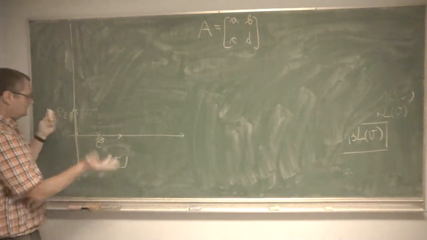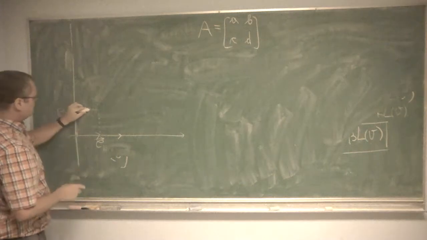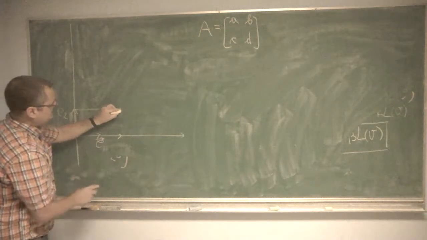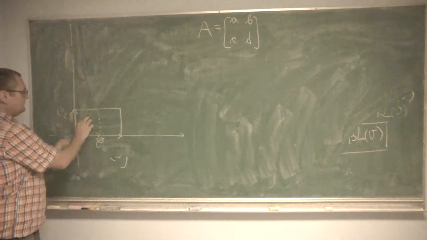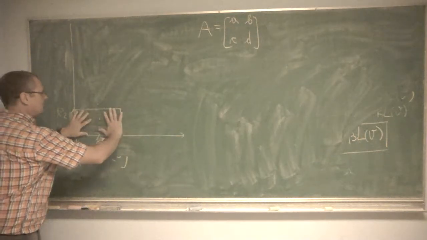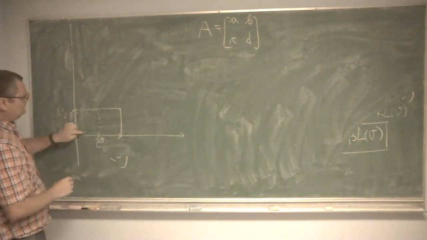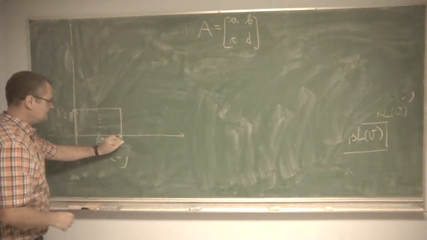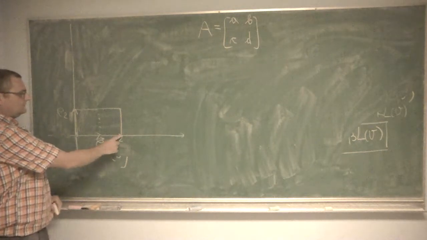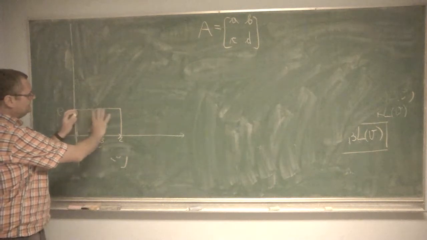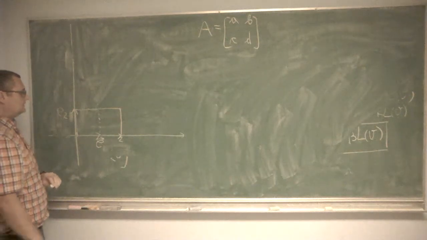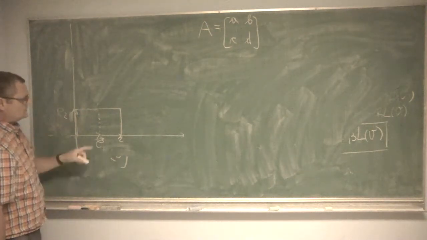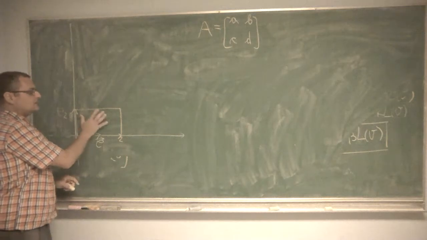Remember, lines are mapped to lines. This one gets mapped to this line segment, and this line segment gets mapped here. And any point in this unit square gets mapped to some point in this rectangle. Okay, and this is the number 2 on the x-axis. So this rectangle actually has 2 times the area of this unit square. So my original unit square got doubled.